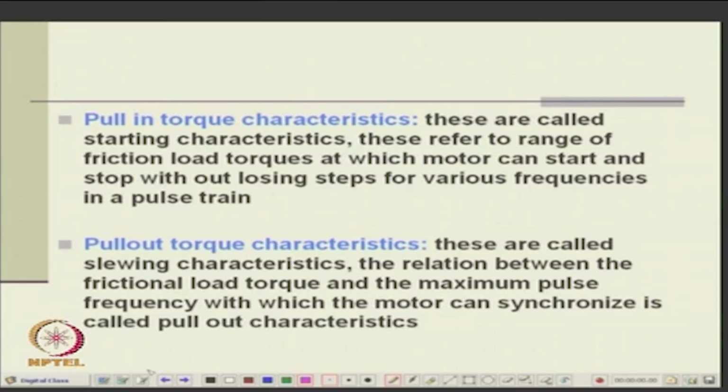So pull-in torque is the torque you put on which it can pull into step. In any machine, even a synchronous machine or a reluctance machine, when it is running up to a certain torque it can pull in.